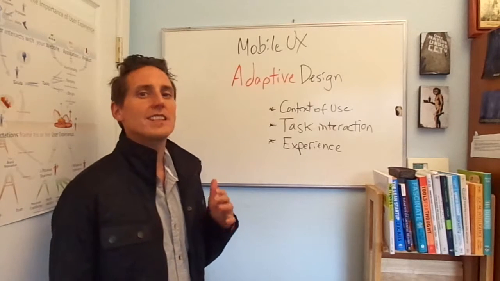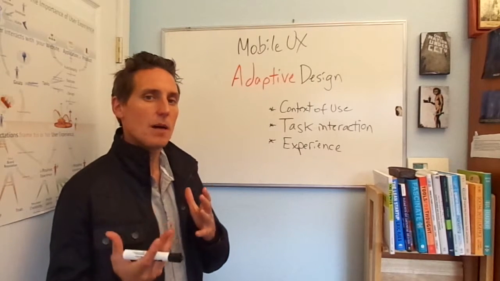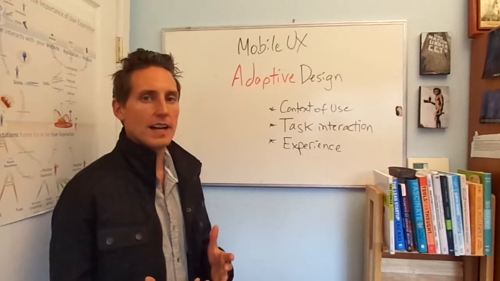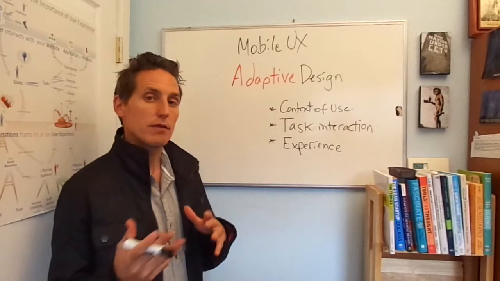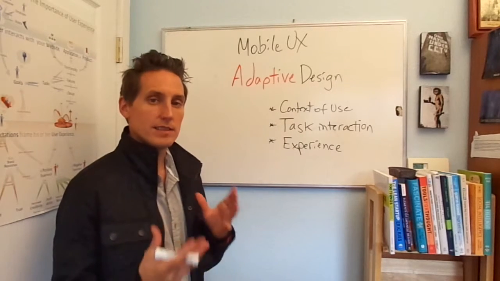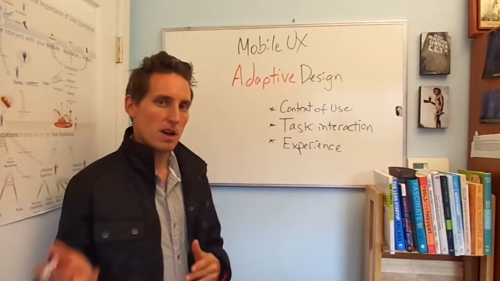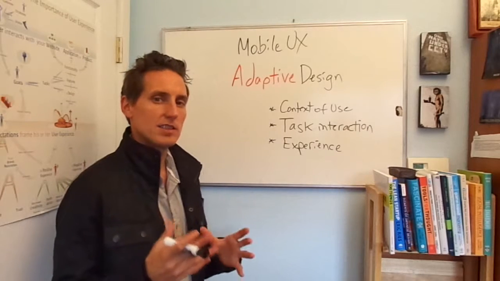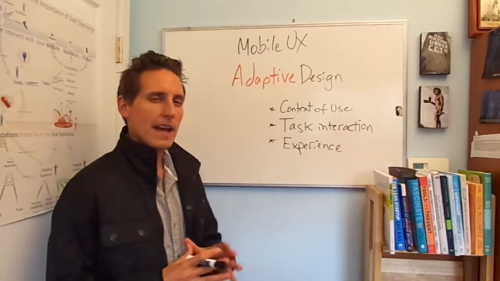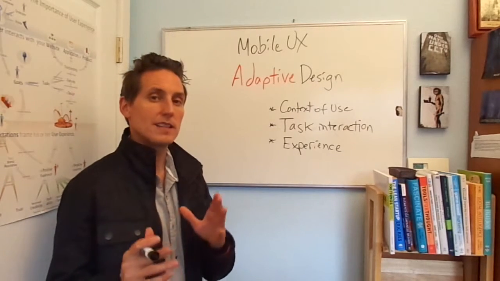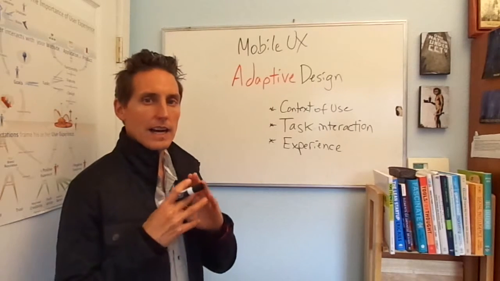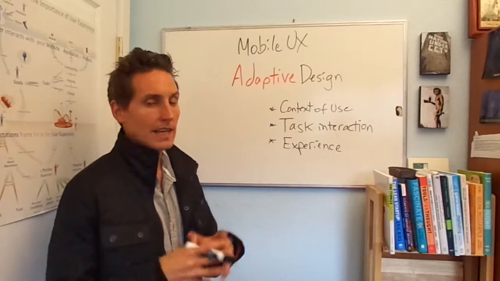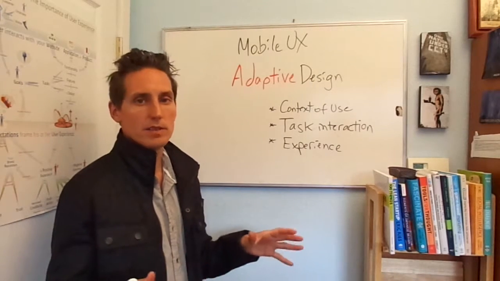Today I'd like to talk to you about the topic of adaptive design, and this is a mobile UX approach to design. It is a cousin of responsive web design, if you're paying attention to responsive web design. And just real quick, responsive web design is essentially providing an accessible design that anyone can use regardless of their device.